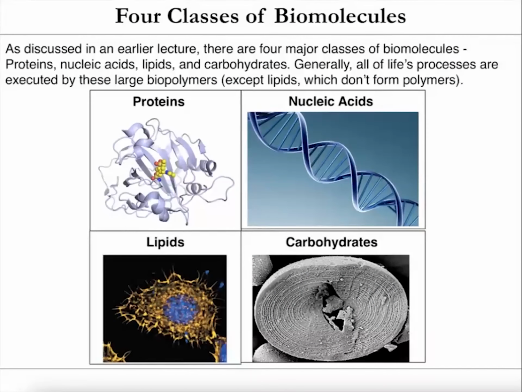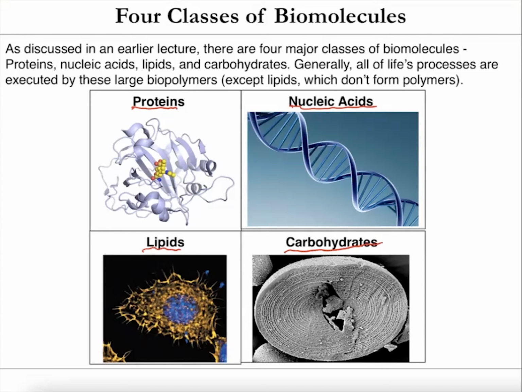If you'll remember from our earlier lectures, there's 4 major classes of biomolecules. There's proteins, nucleic acids, lipids, and carbohydrates. Generally, all of life's processes are performed by these large biomolecules.